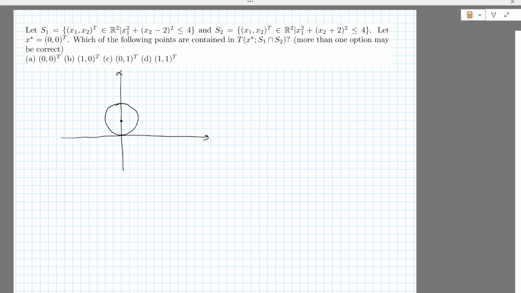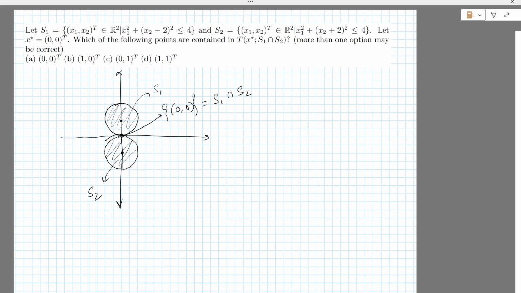This is S1, and similarly S2 is a circle here with center here. This is S2. So this is their point of intersection.